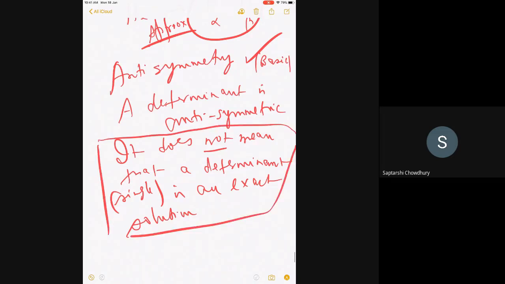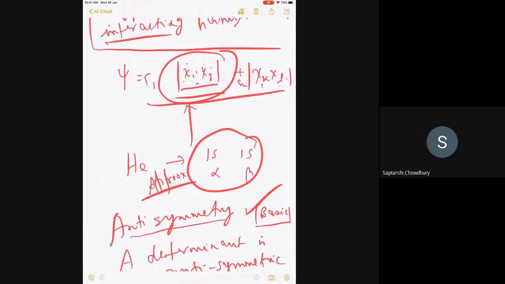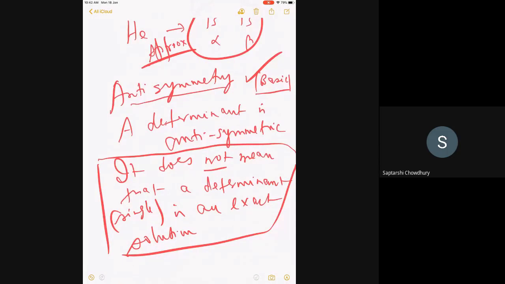Please understand this, because these two may confuse you. I'm saying antisymmetry is very fundamental. Any single determinant is antisymmetric. However, it does not mean that a single determinant is an exact solution, because I can have an antisymmetric solution using more than a single determinant. In fact, I can do something else also. So the fact that a determinant is antisymmetric makes it an option for an antisymmetric wave function.